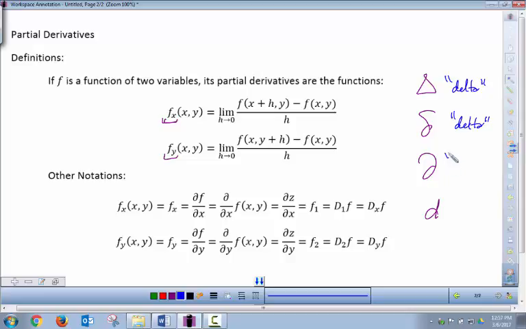And this is your partial notation. So we actually say partial. And this is your d. That doesn't look right. That's your regular d.